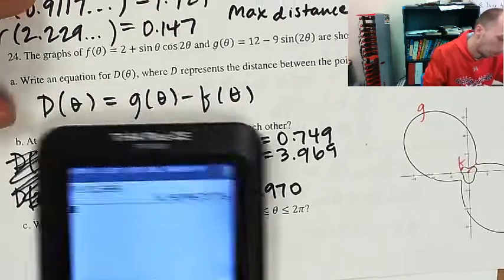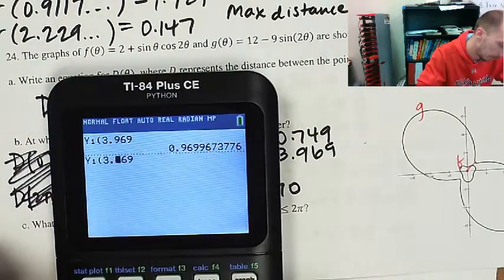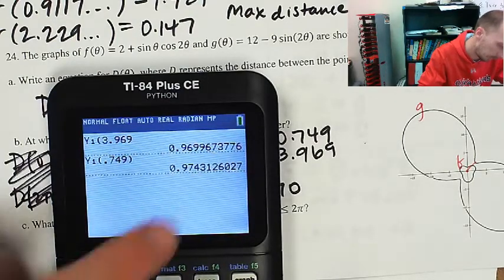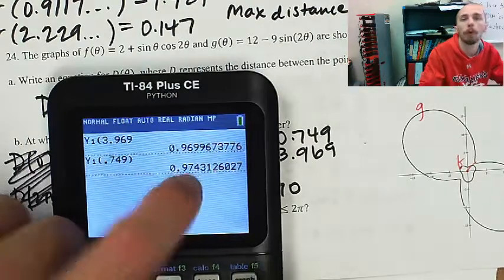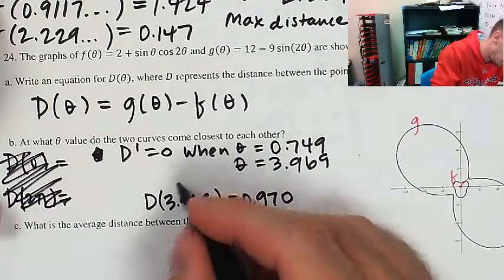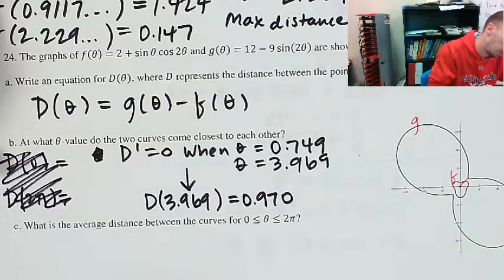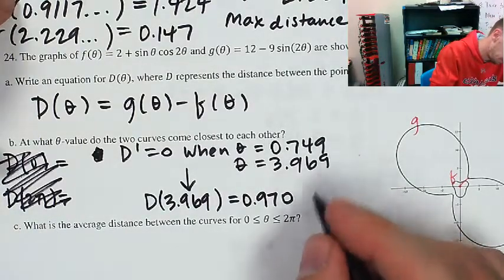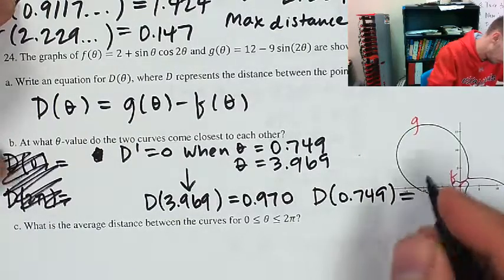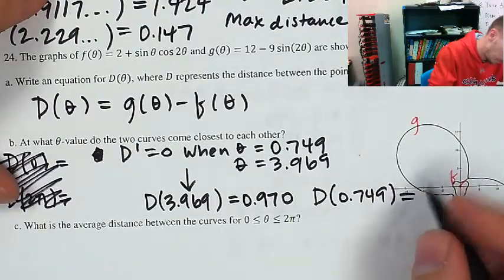And then y1 of 0.749. That's .974, which is bigger. Okay, so this is going to be my answer when they came closest to each other. .974.